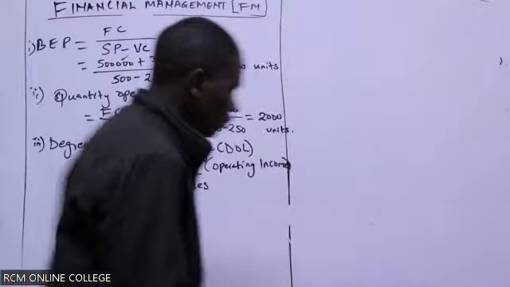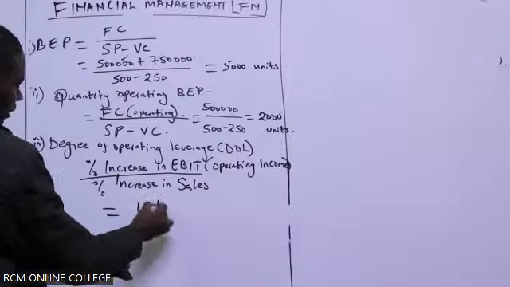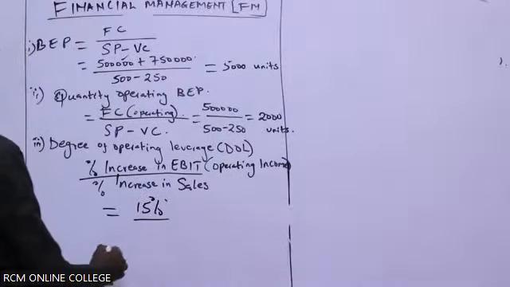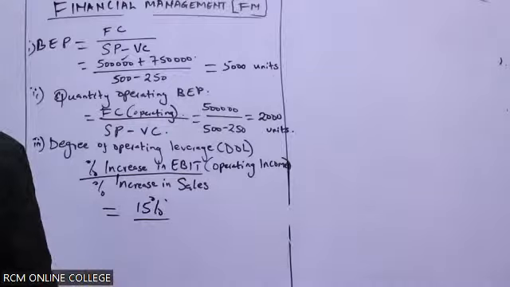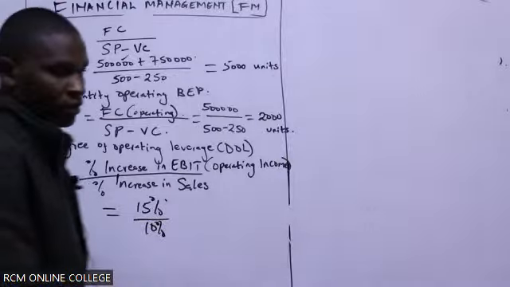So you take the percentages given: 15% divided by 10%, and you are done.